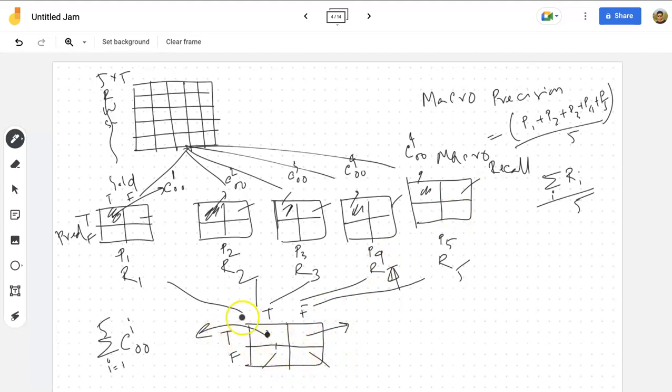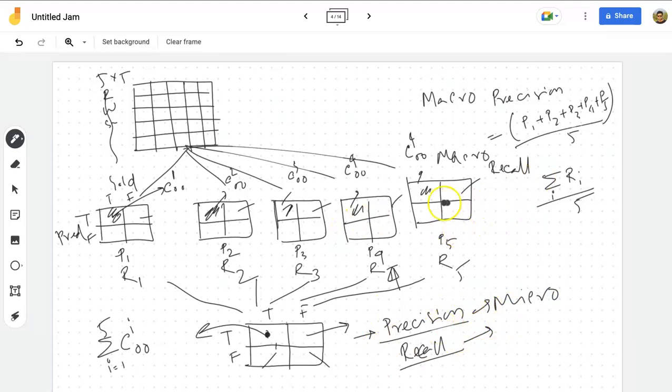Now you have the ultimate table, and from it you calculate the single precision and recall. This precision and recall are micro. I hope you got the flow.